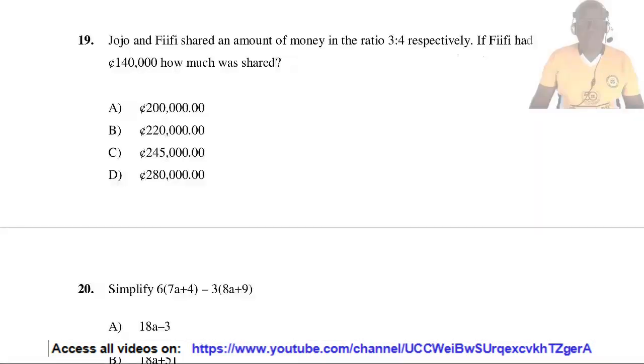Question 19. Jojo and Fifi shared an amount of money in the ratio 3:4 respectively. If Fifi had 140,000, how much was shared? Jojo and Fifi shared the money in the ratio 3:4.